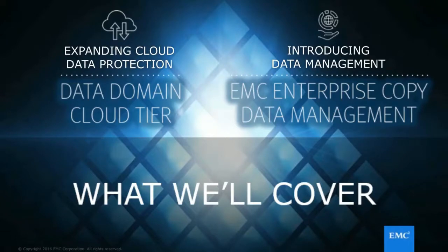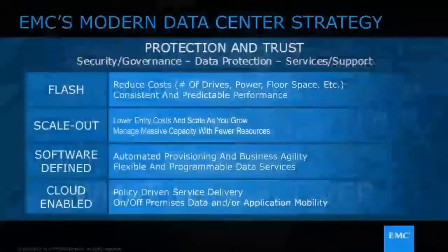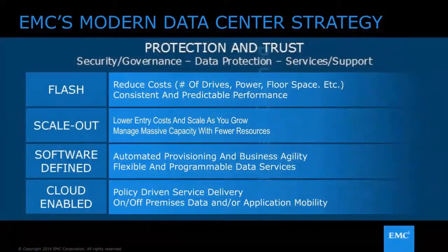So with that as a backdrop, I'm going to talk a little bit more about EMC's overall strategy. If you're not familiar with EMC strategy, EMC is all about helping organizations transform. And transformation really starts with business transformation. But in order to drive business transformation, you've got to be able to transform your underlying IT infrastructure.